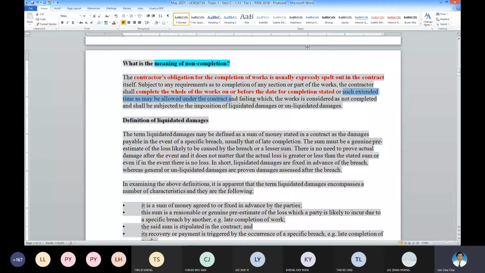Okay. If you cannot complete, then it will be subject to the LD, that is the contractual provision, or UD.